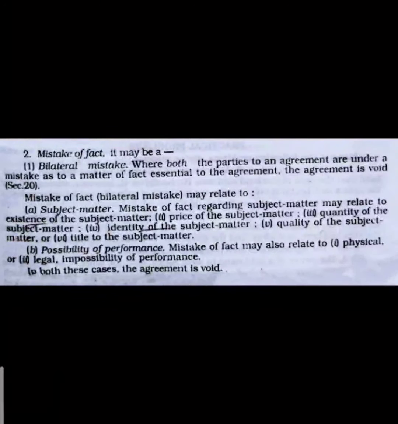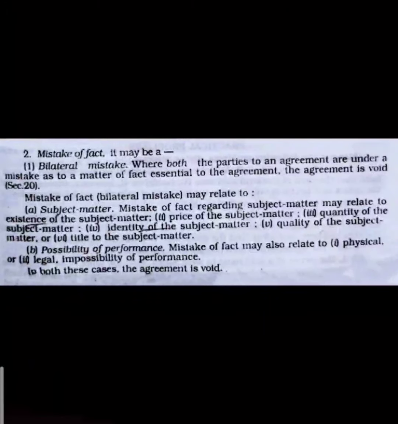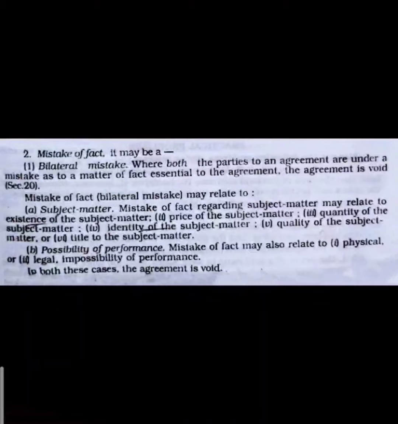The second kind of impossibility in case of bilateral mistake is when there is a mistake as to the possibility of performing the contract. So a consent to the contract is nullified if both the parties believe that an agreement is capable of being performed when in fact it is not the case. So I just gave you the example of the car in the garage, or say the horse.